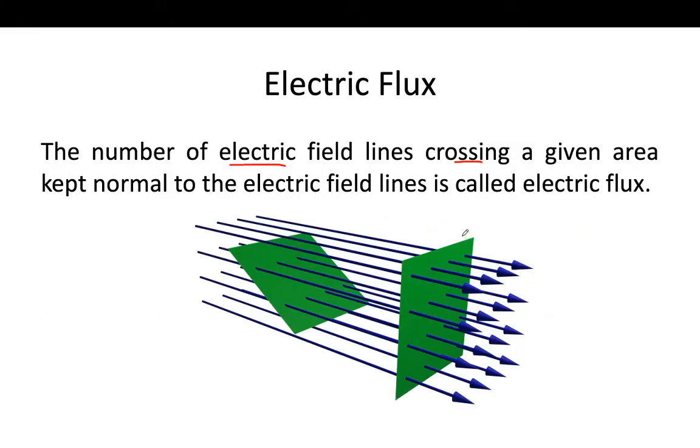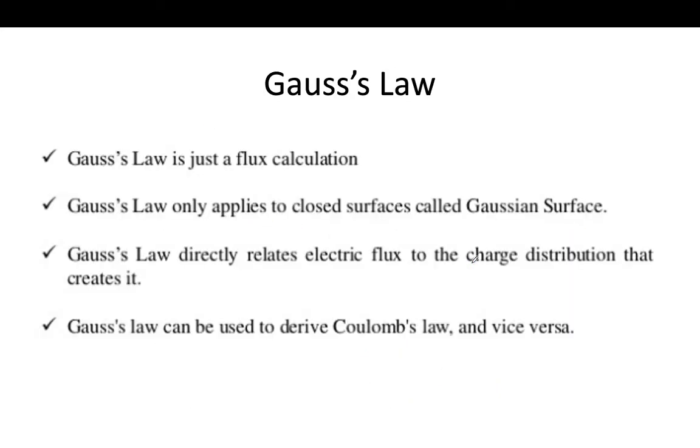The number of electric field lines passing through the surface is called electric flux, and calculating how many of these lines pass through the surface is called Gauss's law. So in simple words, the number of electric field lines passing through a surface is called electric flux, and the calculation of these field lines which pass through the surface is called Gauss's law.